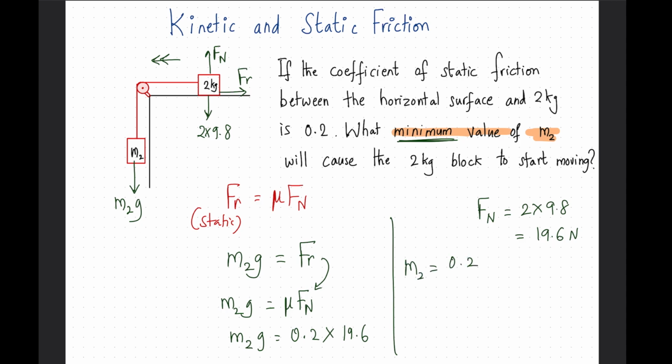It will get divided. So M2 equals 0.2 times 19.6 divided by 9.8, which gives us 0.4 kg. So M2 should be at least 0.4 kg to start the motion for the 2 kg mass.